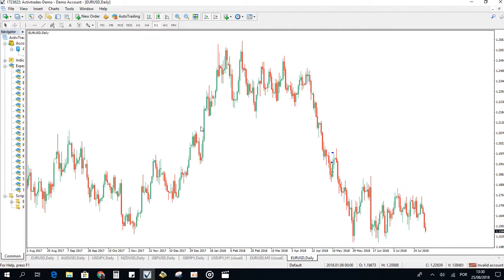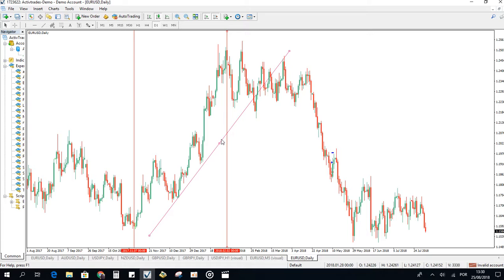Let's suppose we have this trend, an upward movement, and I'm following this upward movement. This movement started exactly on this date, which was 7th November last year, and finished approximately on 2nd February this year.